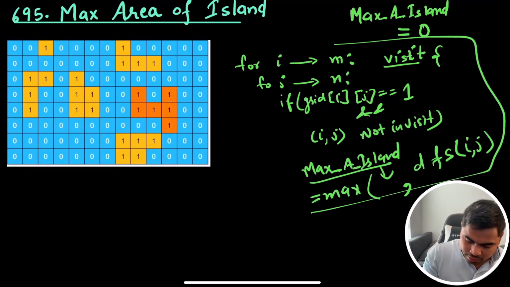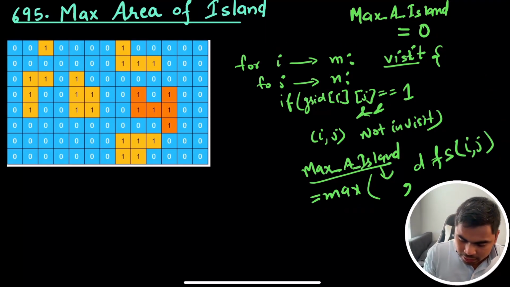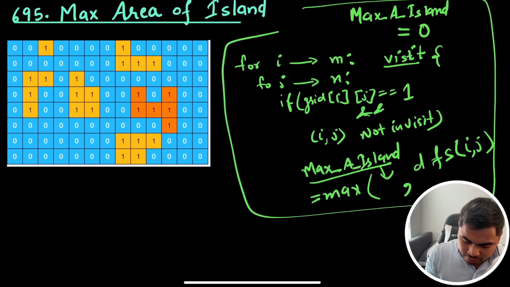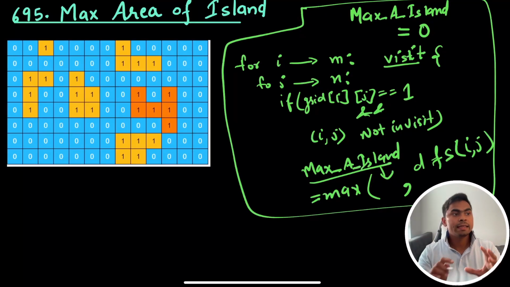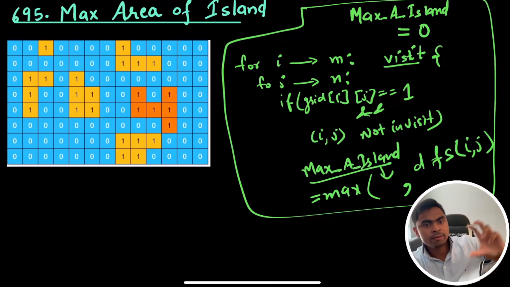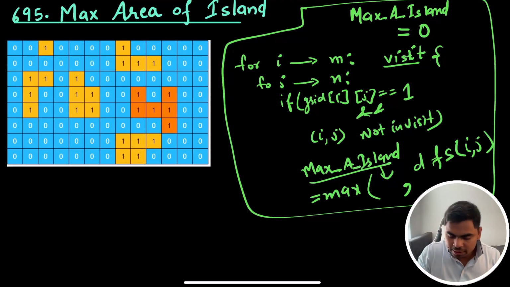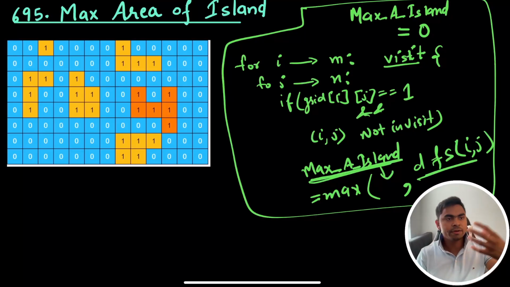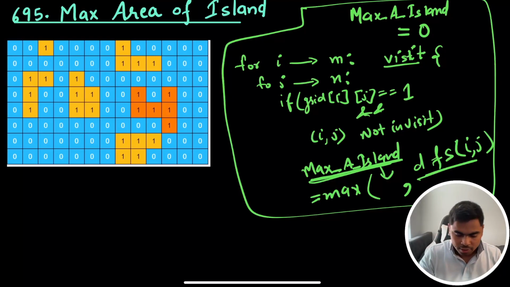That is it. This will be the for loop to visit my grid, and whenever you come across a 1 that is not in the visit set, call DFS and update your maximum if DFS returns a greater value. That is it.